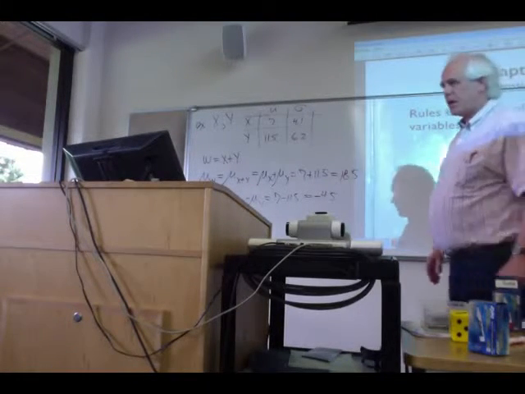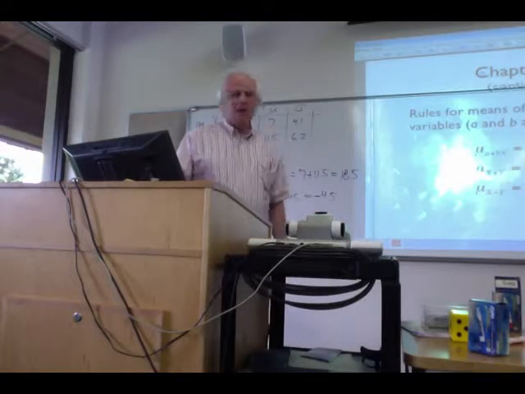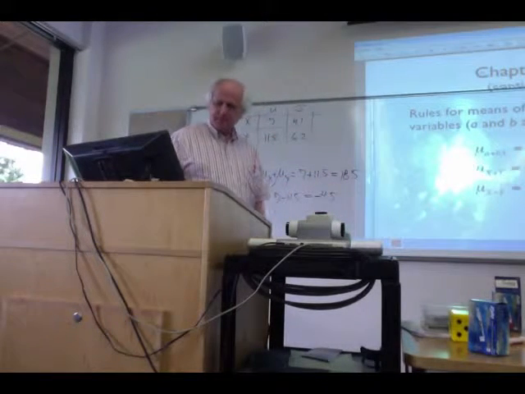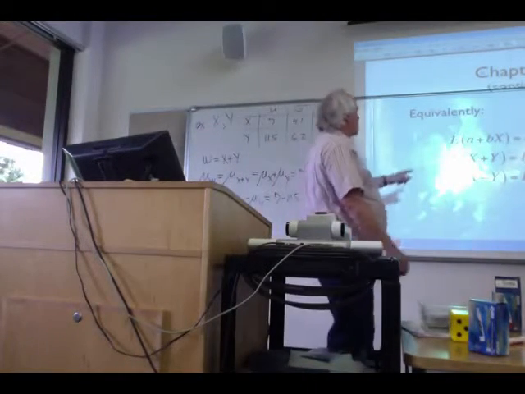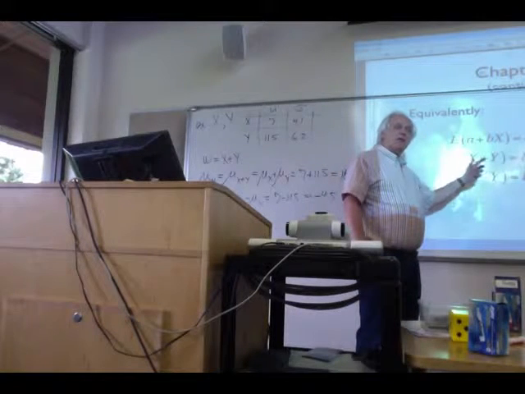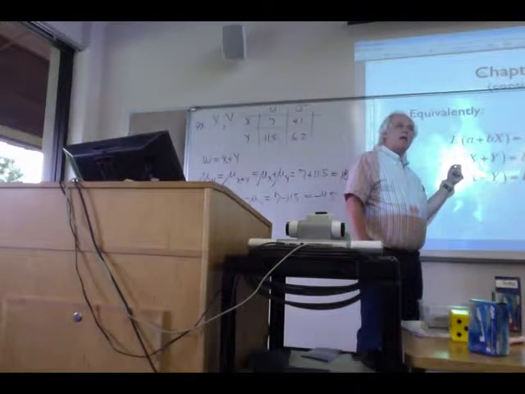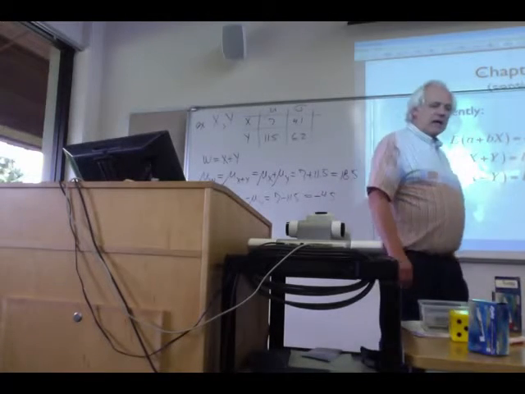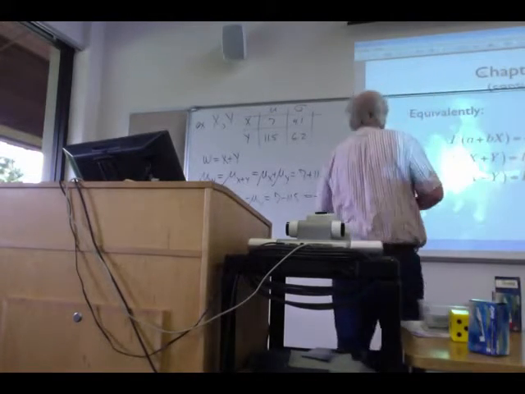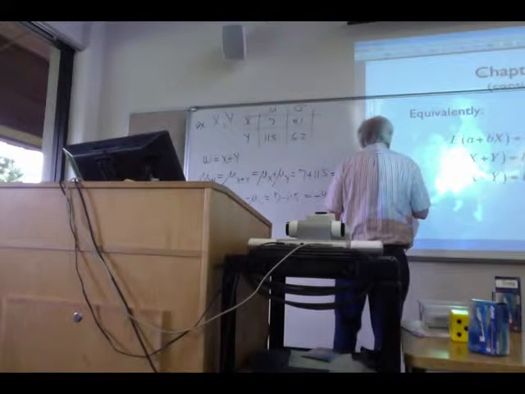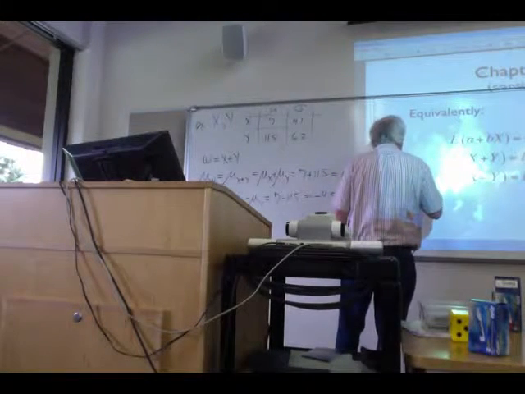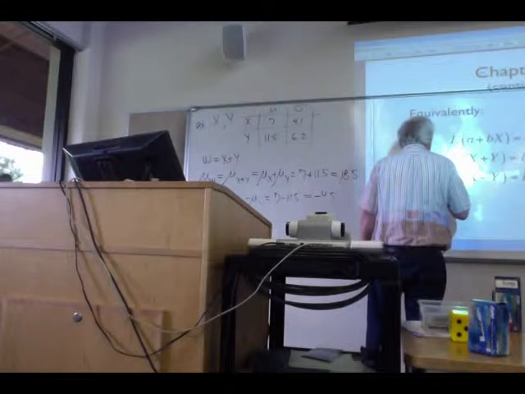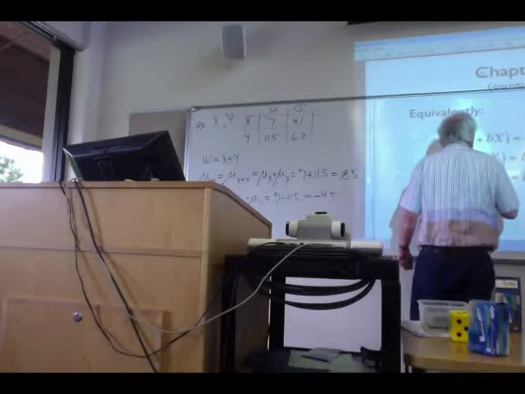All right, now, these rules here are the same rules I have here, except I'm using expectation notation. When you see the word E, this is what's sometimes called expectation notation.